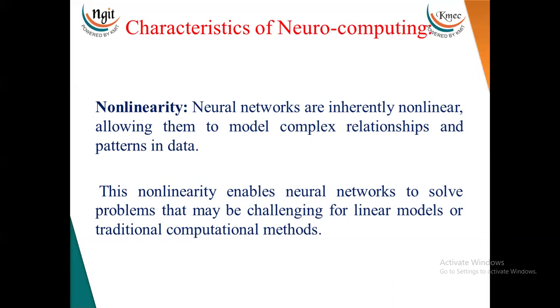We cannot predict what type of data it is going to take or what kind of output it is going to generate. So this is non-linearity. It enables the neural network to be more accurate, and to work on more complex relationships and more patterns of data.